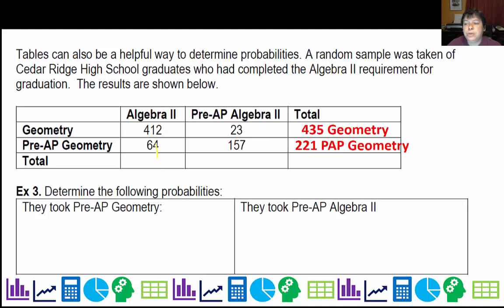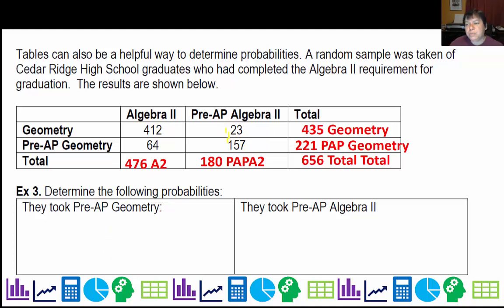How many took regular algebra 2? 476. And how many took pre-AP algebra 2? 180. So the total of graduates that I'm looking at is 656. It kind of looks like my last total, but it's not the same. So what's the probability that one of my graduates took pre-AP geometry?